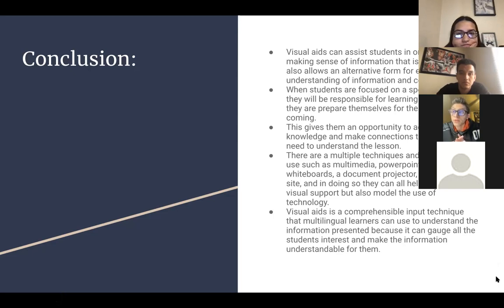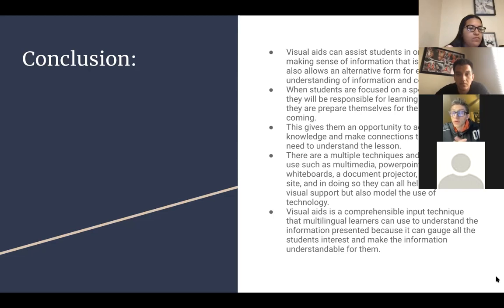This gives them an opportunity to access prior knowledge and make connections that they will need to understand the lessons. There are multiple techniques and concepts to use, such as multimedia, PowerPoints, interactive whiteboards, graphic organizers, a document projector, some type of project, or a website, and in doing so, they can provide more visual support.